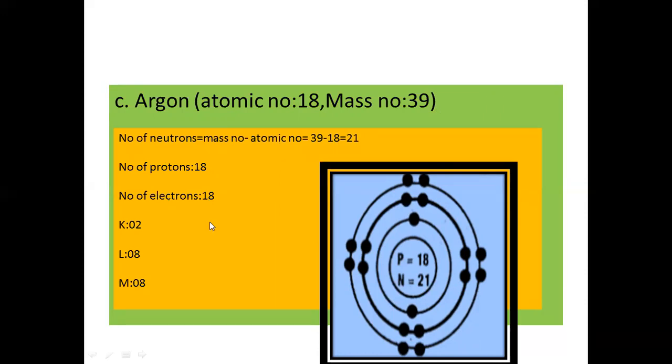How many are left? 8 electrons are left. Those 8 electrons will go to the outermost shell. So the K shell will have 2 electrons, L will have 8 electrons, and M will have 8 electrons. There are a total of 18 electrons in argon, and argon belongs to group number 8 of the periodic table.